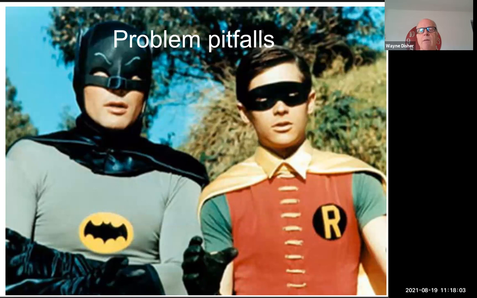Looking at the symptoms of a problem rather than the underlying problem is a big pitfall. And it might be something that I will caution you about when you get to graded assignment number 6. When you're trying to solve a problem, it's important to distinguish what are the symptoms of the problem and what is causing the problem.